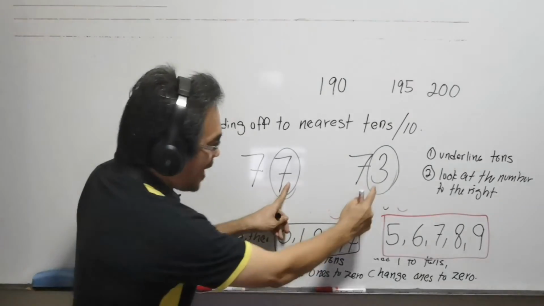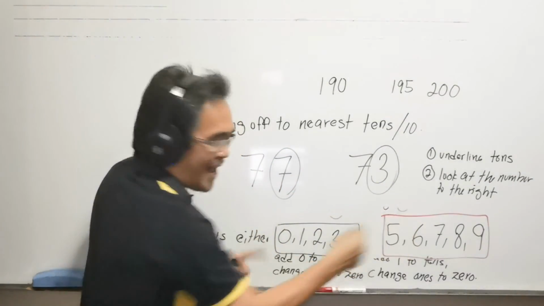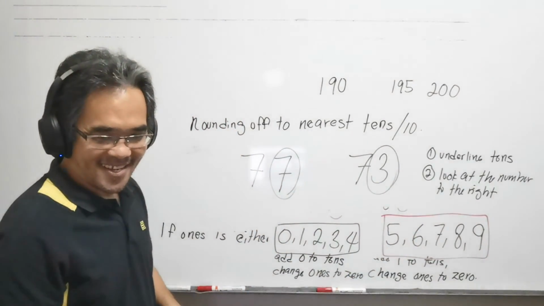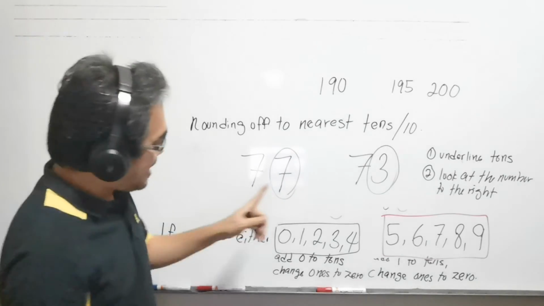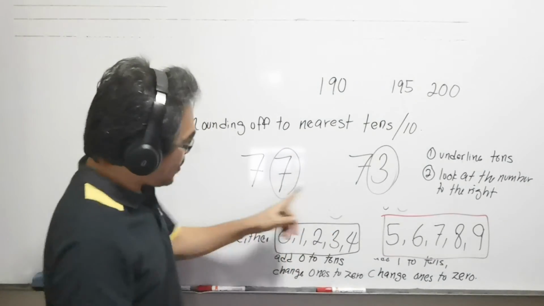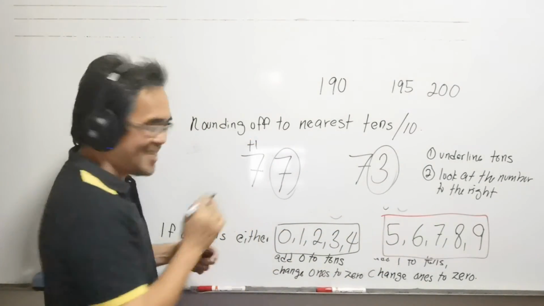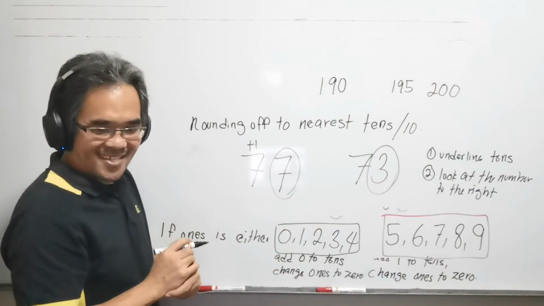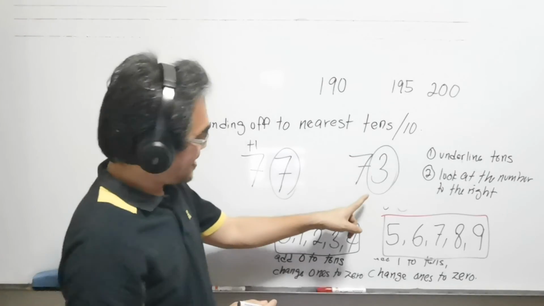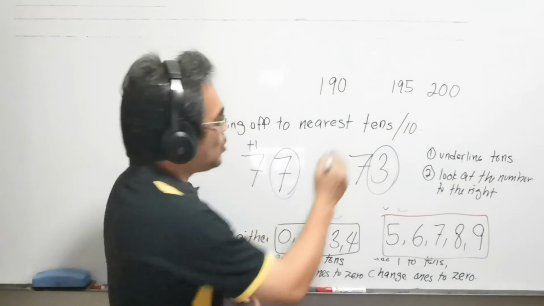The back, is it here or there? If the number is the red one, you plus 1 here. So this one, you plus 0.